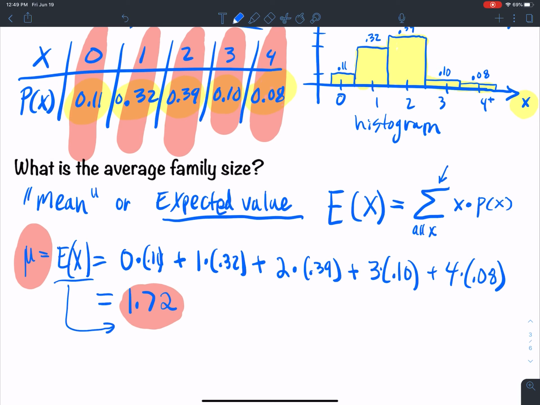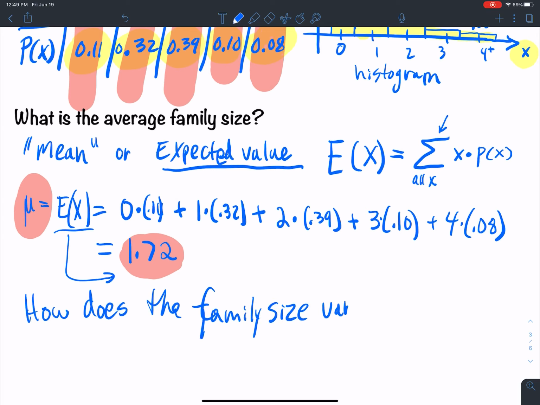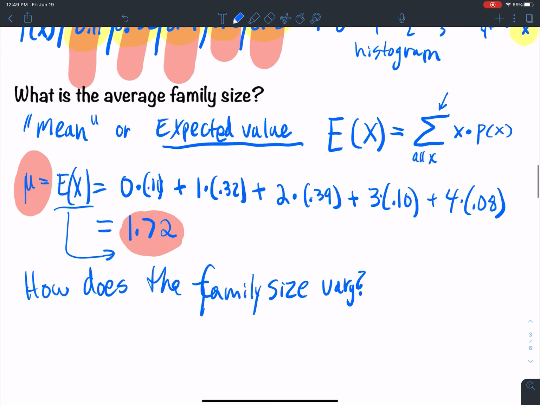And just like we have in the past, once we talked about mean, then we talked about variance. So how does the family size vary? That's with the variance.